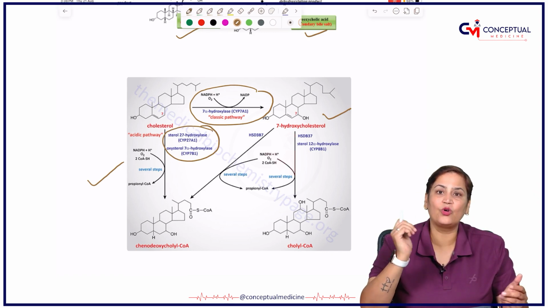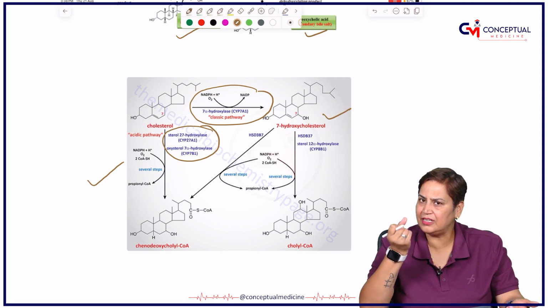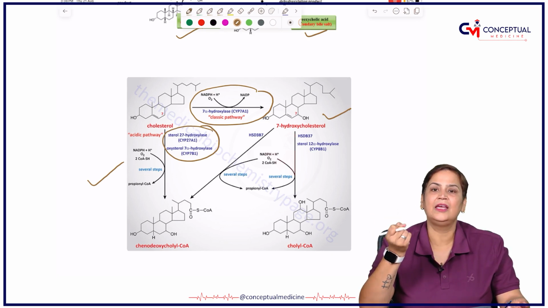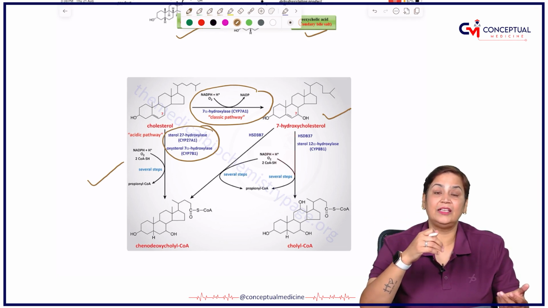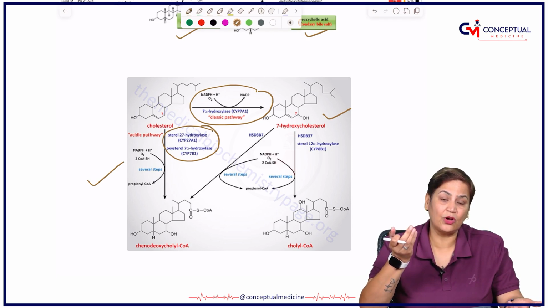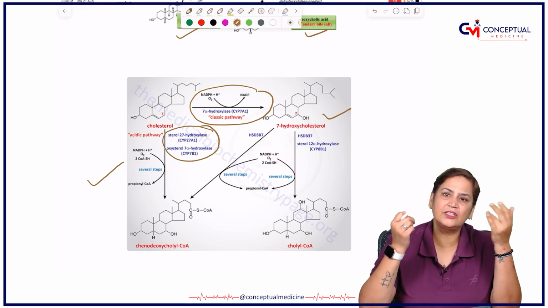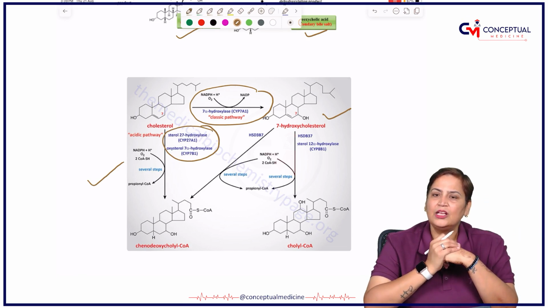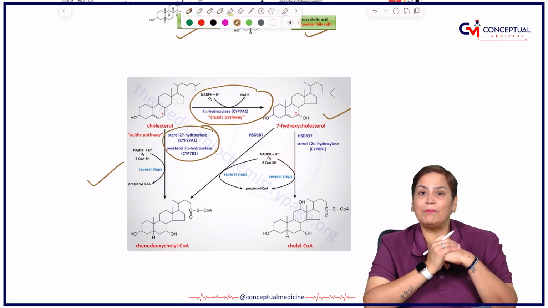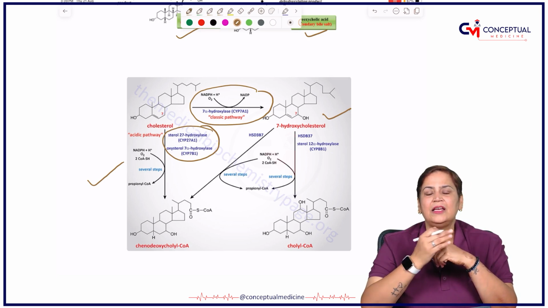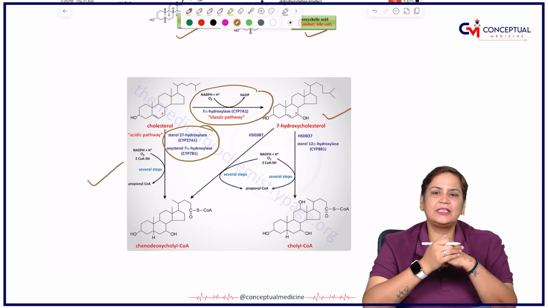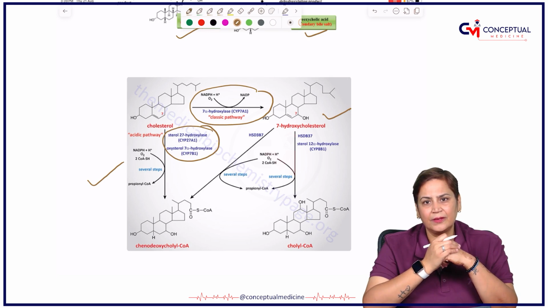And if anything goes wrong, whenever there is decreased concentration of bile salts or bile acids, or increased concentration of cholesterol, because if there is an obstruction in the bile duct, the concentration of cholesterol will increase. This cholesterol will combine with the phospholipid, which basically leads to cholelithiasis.